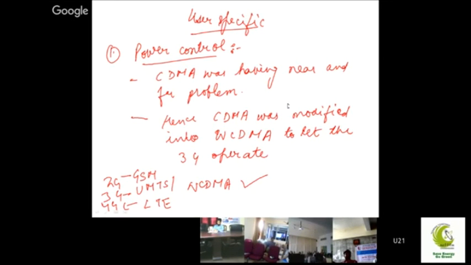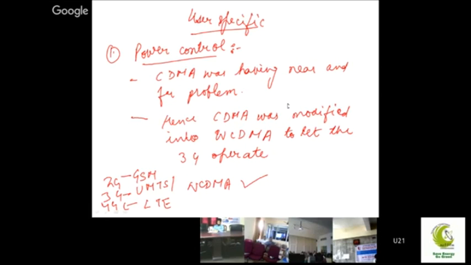Back to the topic. I was telling you that CDMA had a near and far problem. That is, if the user was standing very near to the tower, then also he couldn't get the signal. If he was standing very far from the tower, though in the transmitting range, as we have studied in that Atoll network, still in case of CDMA it couldn't receive the signal.